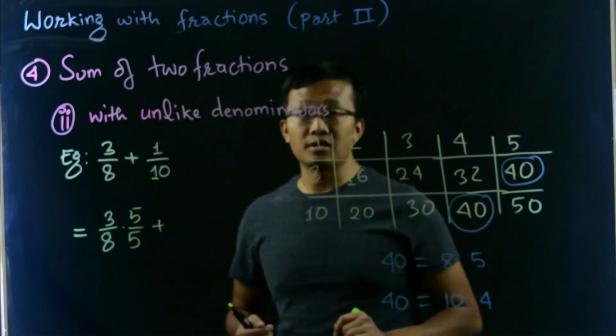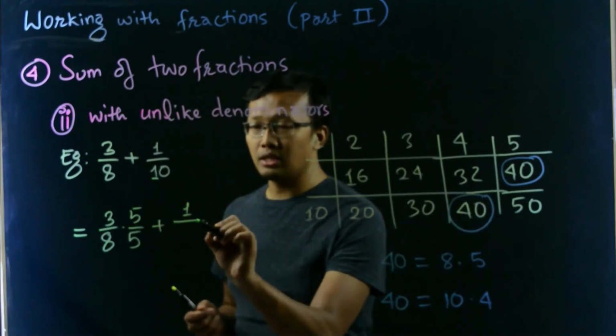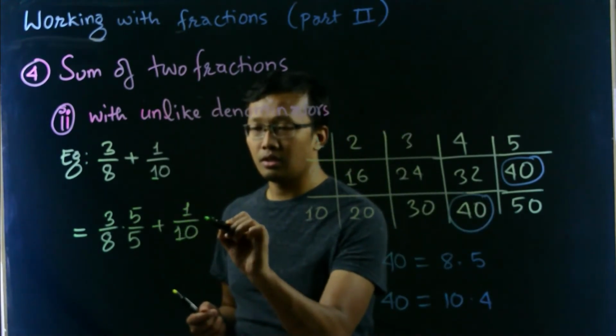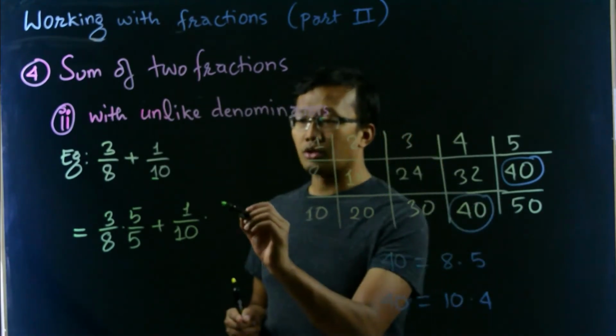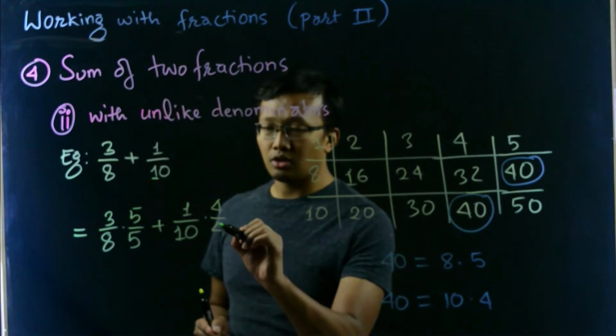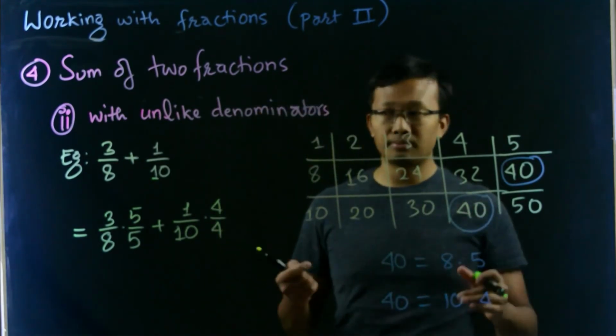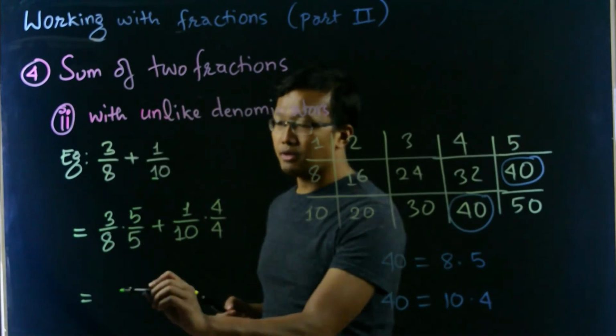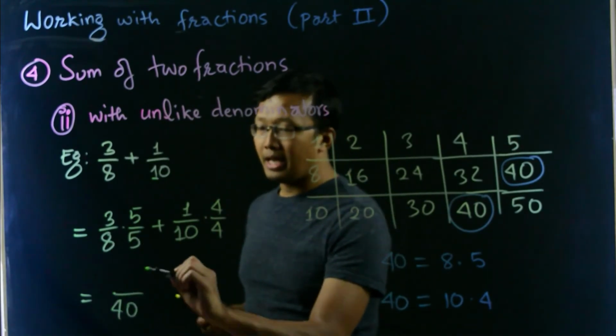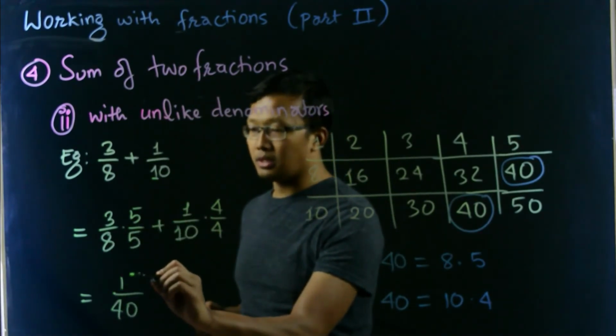Similarly, for the second fraction, 1 over 10, we can see that 10 times 4 is 40, so let us multiply top and bottom by 4. Now you can clearly see that 8 times 5 is 40 and 3 times 5 is 15.